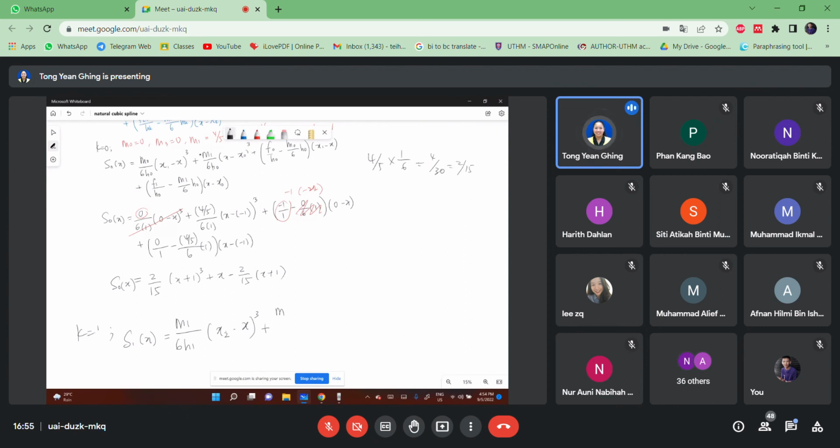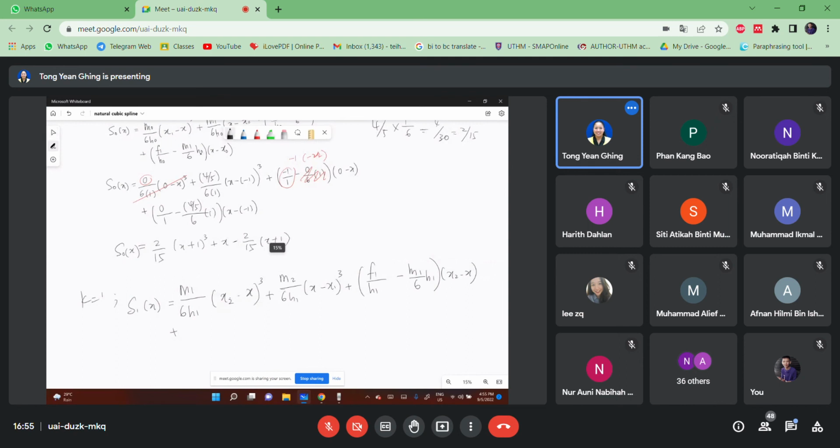Plus M2 divided by 6H1, x minus x1, power of 3, plus F1 divided by H1 minus M1 over 6 H1, x2 minus x, plus F2 over H1 minus M2 over 6 H1 times x minus x1.